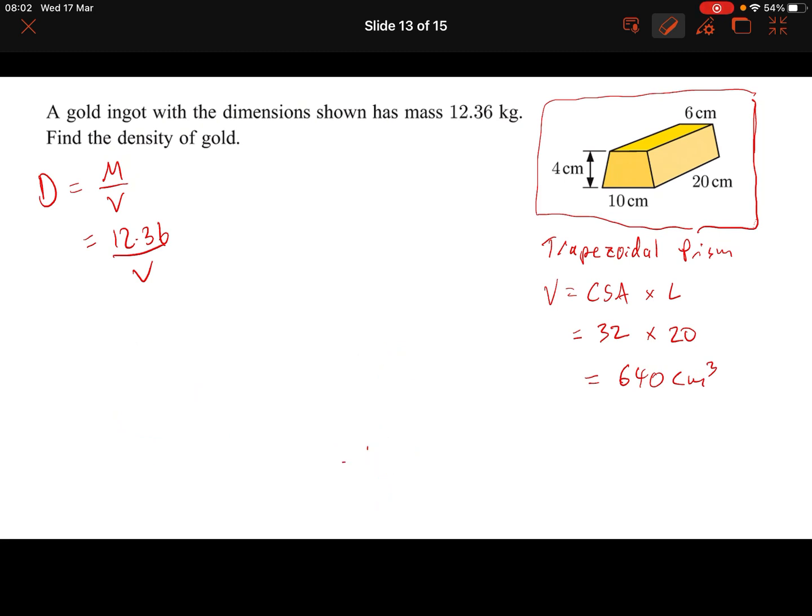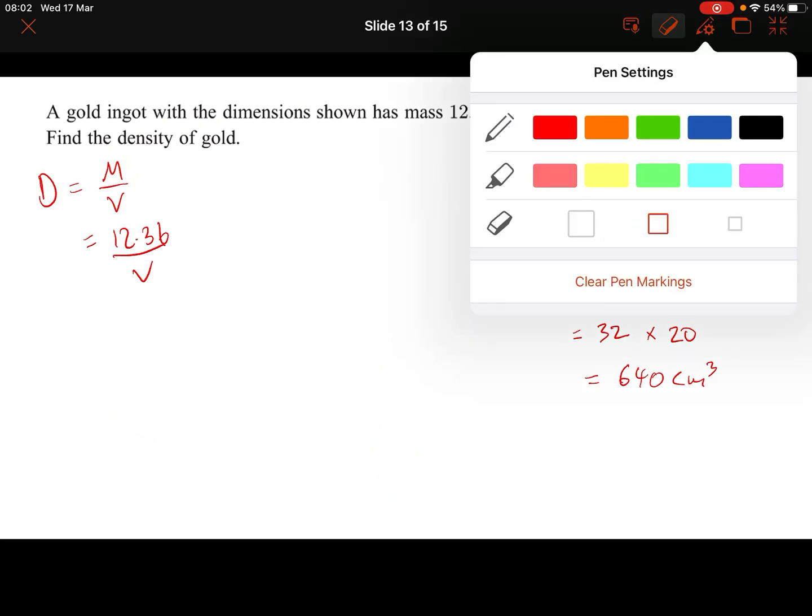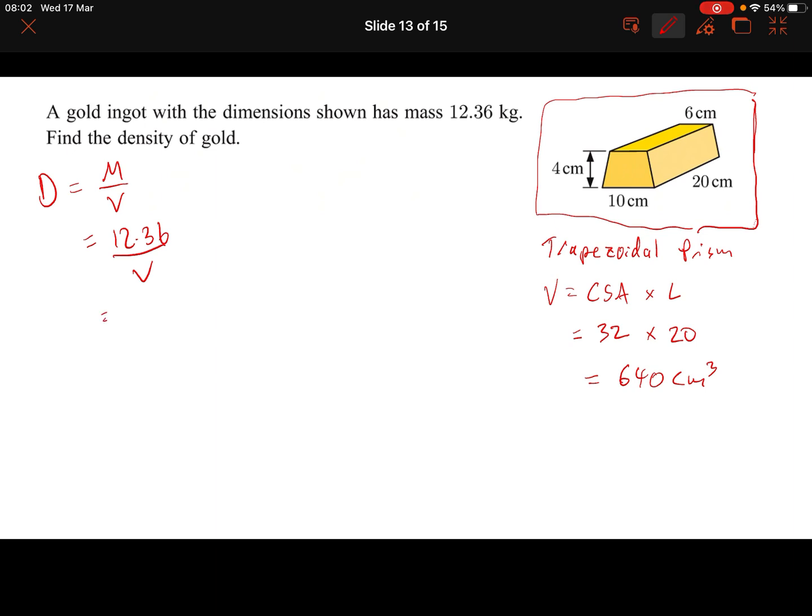Now, it's very easy to fall into a trap here because I can now say it's 12.36 divided by the volume 640. I'm just going to use a calculator for that. 12.36 divided by 640 would be equal to 0.0193, to three significant figures.